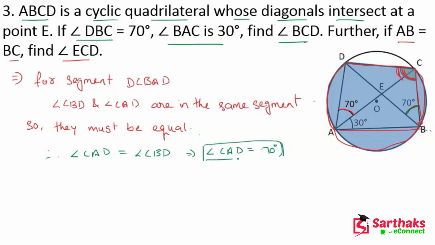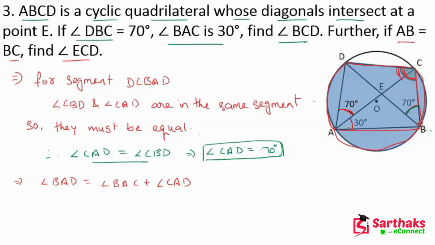Okay, my dear friends, I hope you get this point. So these two angles are equal by what? By the theorem, angles in the same segment are equal. Now angle BAD is equal to angle BAC plus angle CAD, this angle plus this angle.